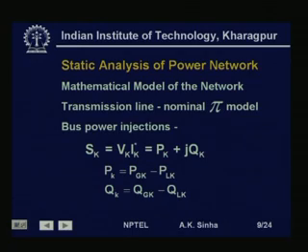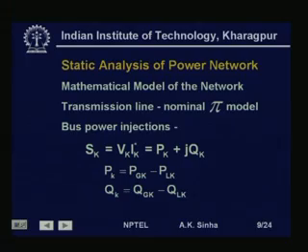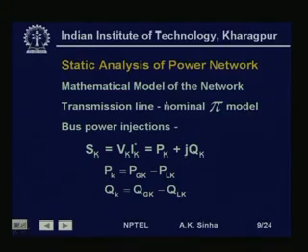For this purpose, as we had already seen when we developed the model for the transmission lines, all the transmission lines are represented by their nominal pi model. In fact, very short lines can also be represented by just a series impedance, whereas long lines can be represented by an equivalent pi model that we had developed.